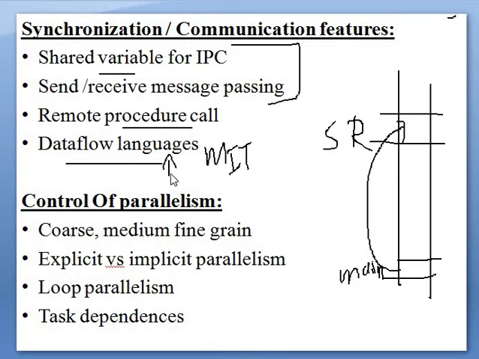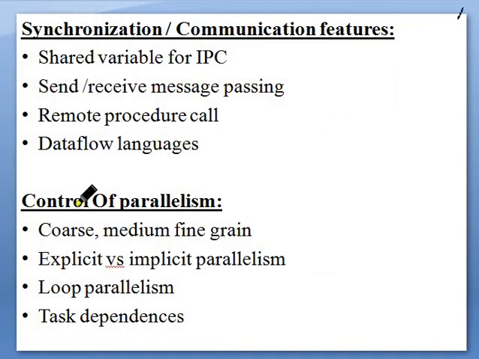Okay, so next one is control of parallelism. We have studied this in our first chapter, please recall it. Take one problem and execute the complete program as it is, that is coarse.